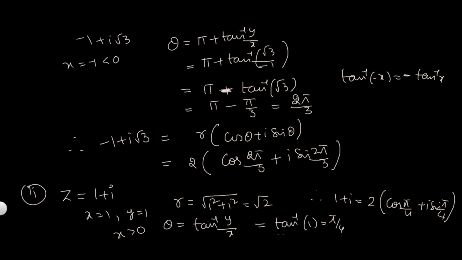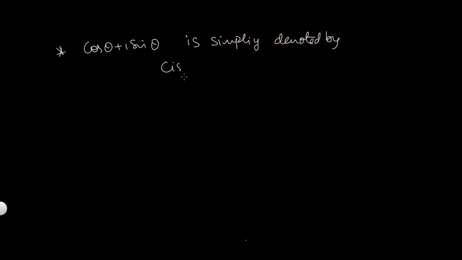Next concept, just to simplify. I forgot: cos theta plus i sin theta is, from now onwards, simply denoted by cis theta. Cis means cos theta plus i sin theta.